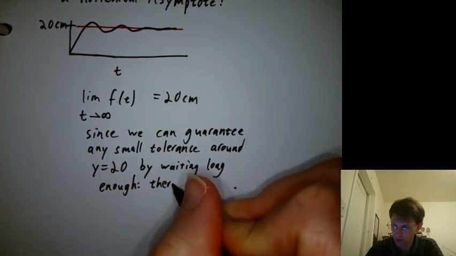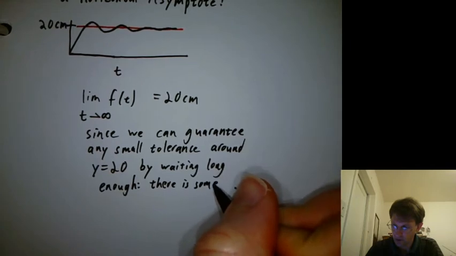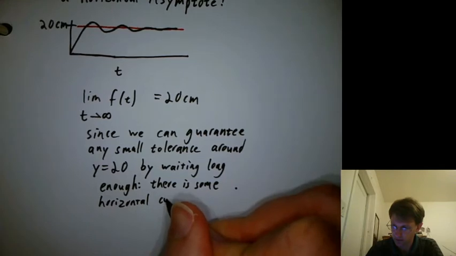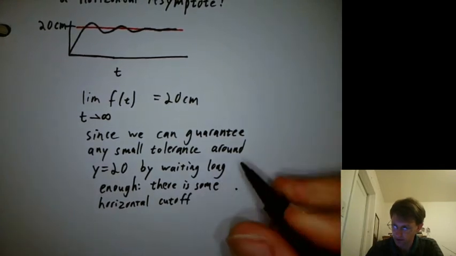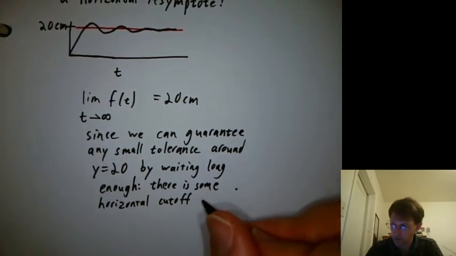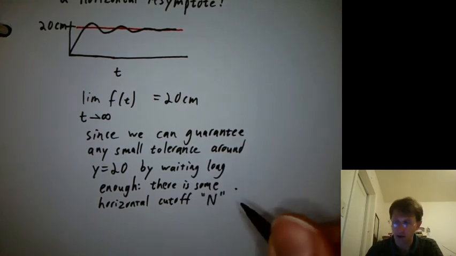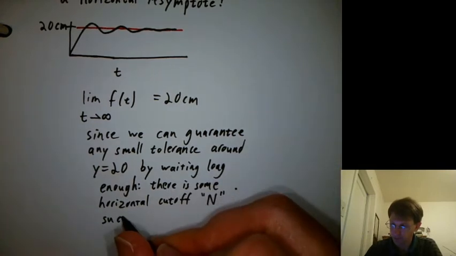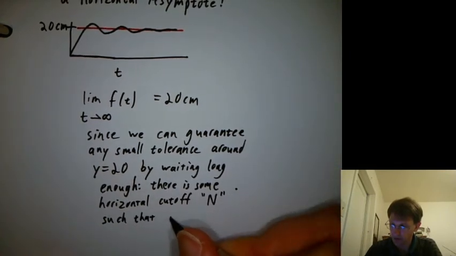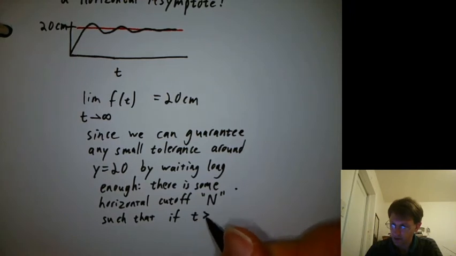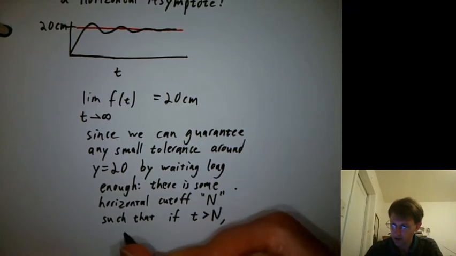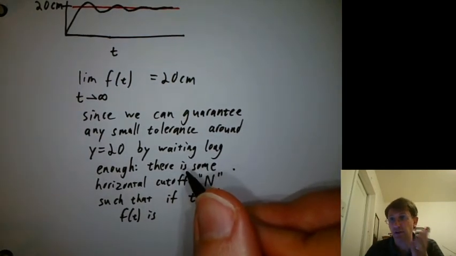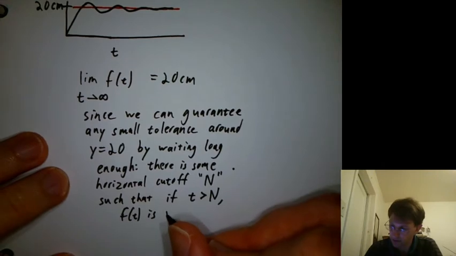There's some horizontal cutoff. It goes by various names. We'll call it big N because that's useful in later calculus work. Such that if t is greater than big N, f of t is within your specified tolerance of y equals 20 in this case.